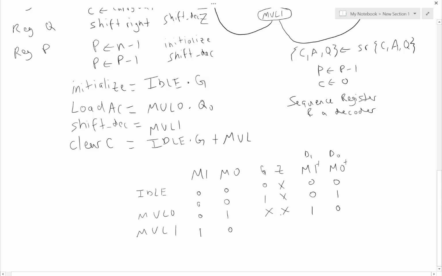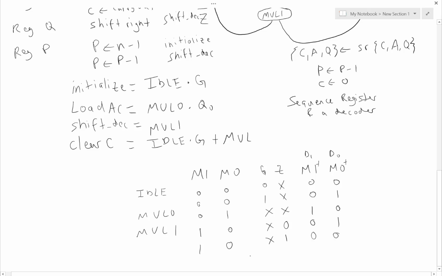And G and Z don't matter. And when I'm in the mul 1 state, it depends on Z. So if Z is 0, then I go back to mul 0, 0,1. And if it's a 1, then I go back to the idle state, 0,0.